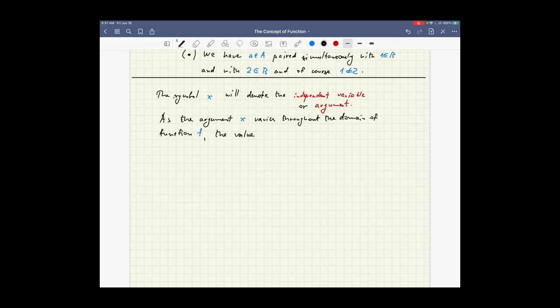The value y, which is f of x, is called the image of x under the action of f, under f.